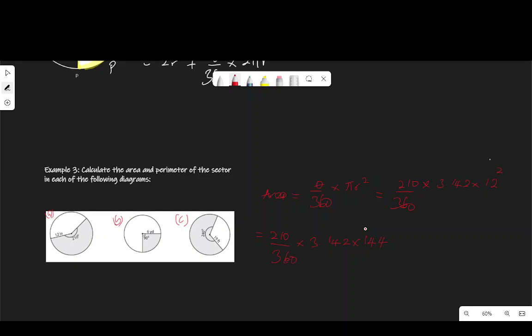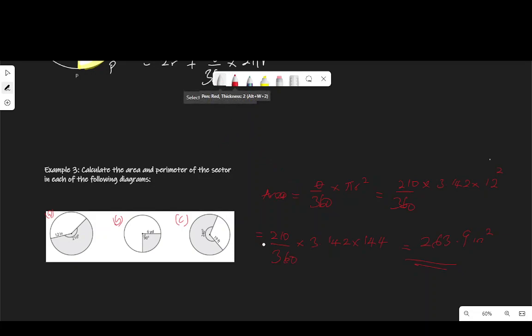It was 263.9 approximately. What is the unit? Inches square. Inches square as the area of this sector.